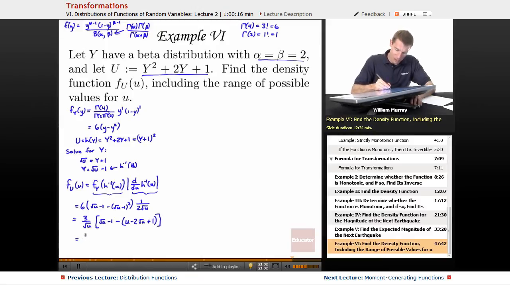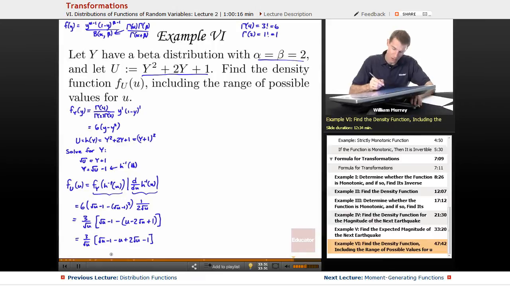And so maybe I can simplify that a little bit more. It's 3 over the square root of u times root u minus 1 minus u plus 2 root u minus 1.